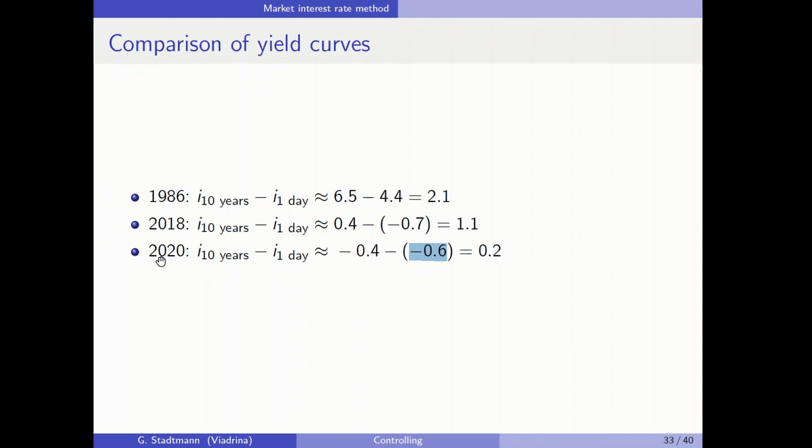So when we compare the situation in the year 2020 with the situation in 1986, the profit margin is much, much higher in 1986.